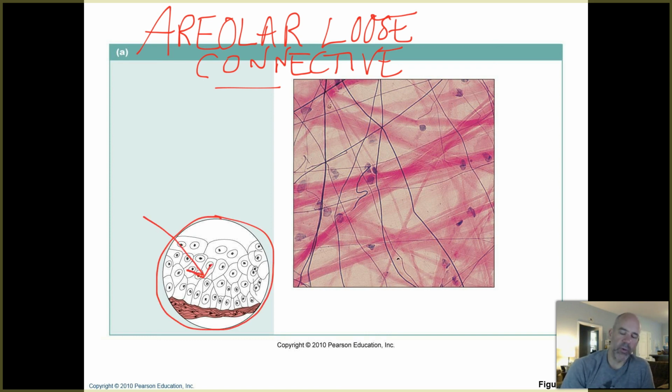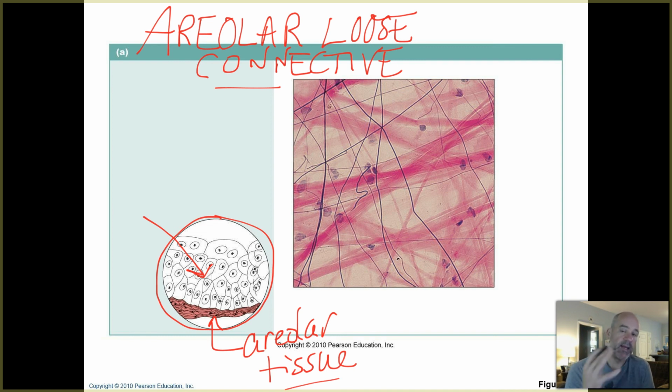Maybe that looks familiar from your epithelial tissue anatomy when we were going over that. And we always said underneath epithelial linings in the body, if you go deeper to there, in the particular organ or structure where you're located, you're going to find connective tissue underneath there, and that is almost always going to be a place where you would find areolar tissue, underlying epithelial tissues in the body.